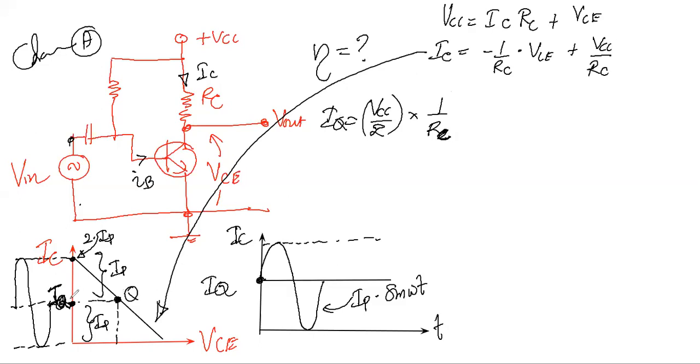IQ you will get for half of this voltage: this one equals VCC, so this one equals VCC divided by 2. Therefore, you can compute IQ, the saturation current when the external input is 0. Then you have an equation for IQ.